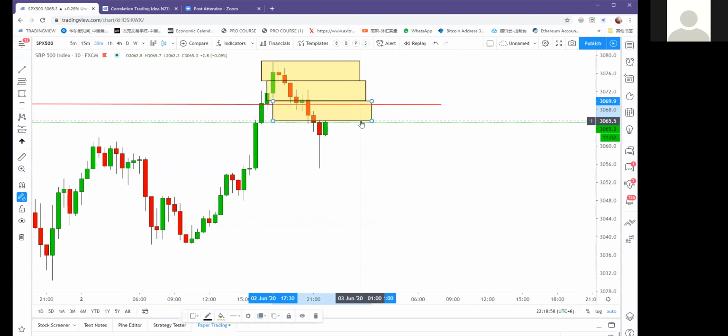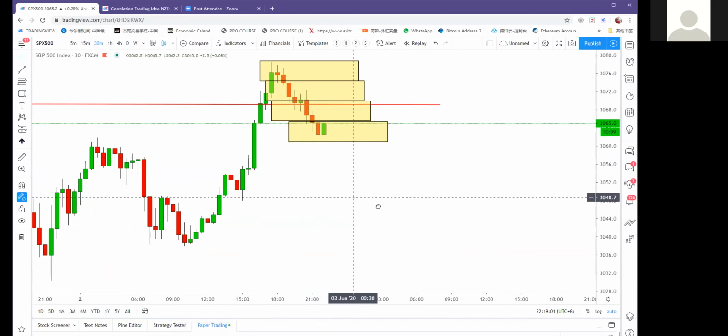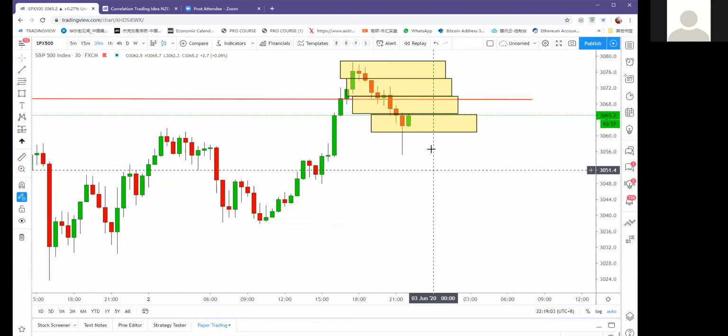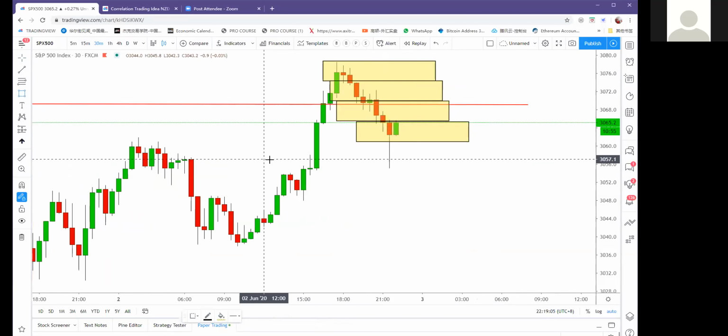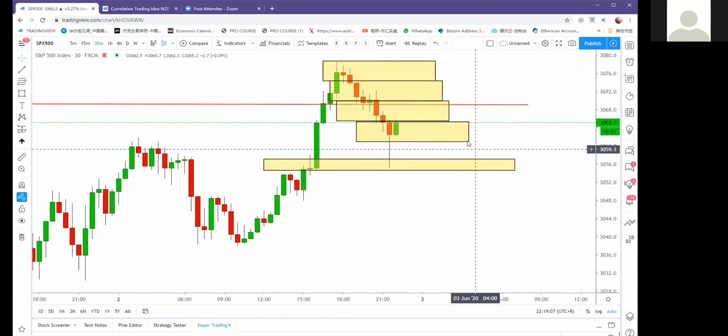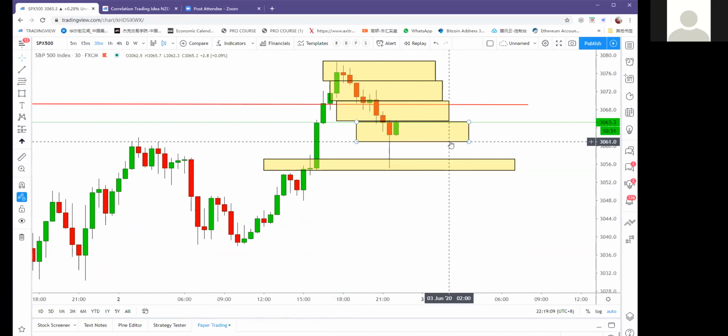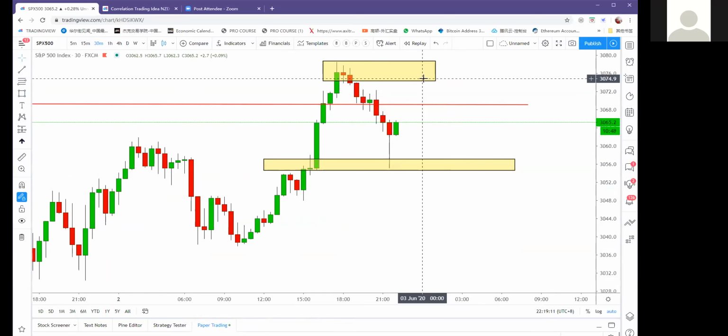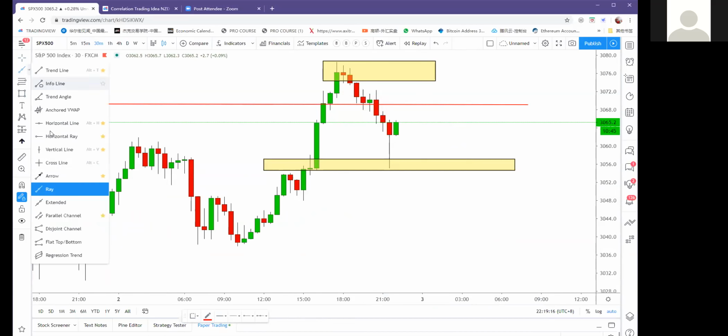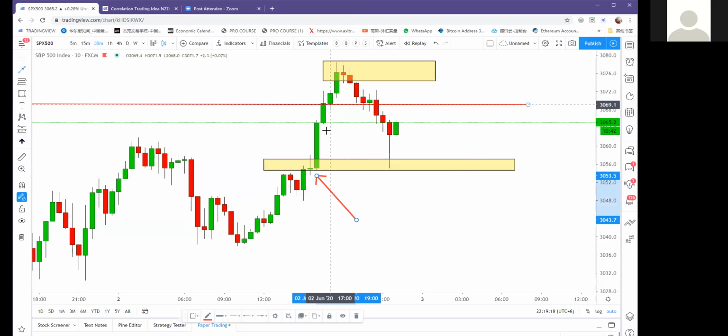So what can we do now? Basically you can find that the recent supporting structure is from 3056, because that is the origin of this bullish move for today. Am I right? Do you agree that this is the origin of this bullish move for today?